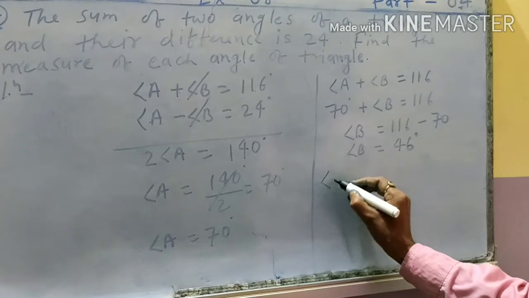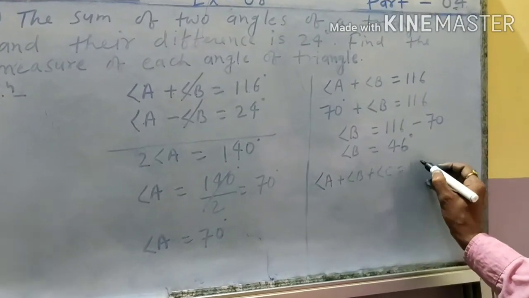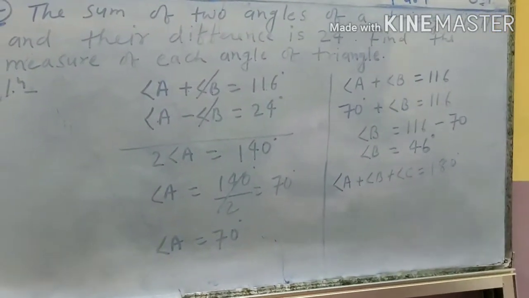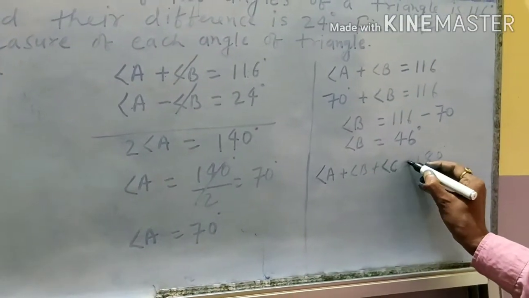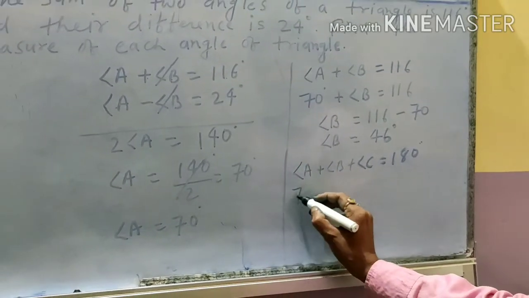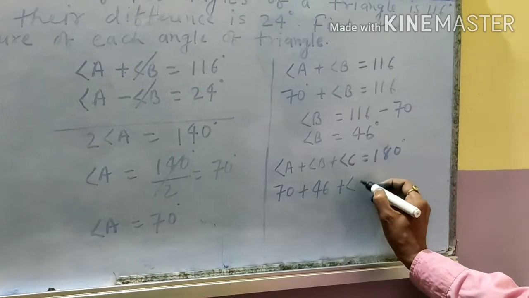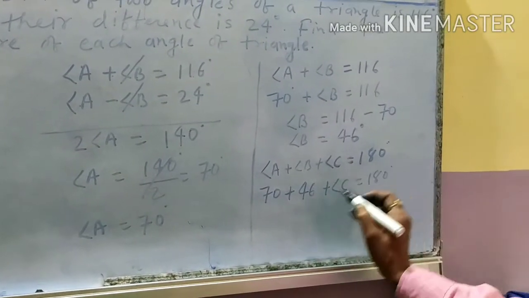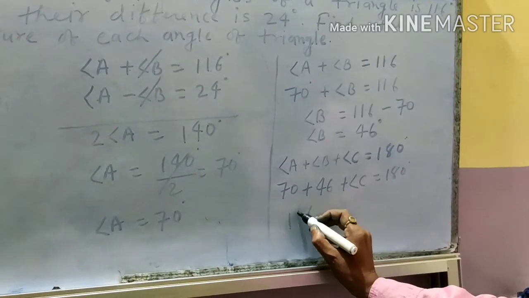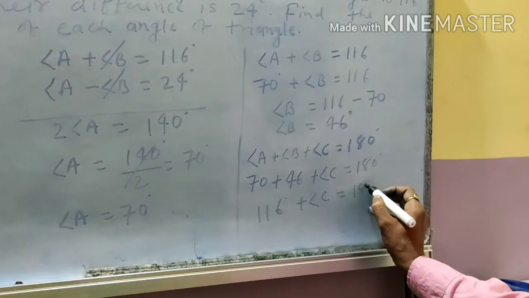We know that here, student, angle A plus angle B plus angle C is equal to 180 degree. By ASP, angle A is 70 degree plus angle B is 46 degree plus angle C is equal to 180 degree. 116 plus angle C is equal to 180 degree.